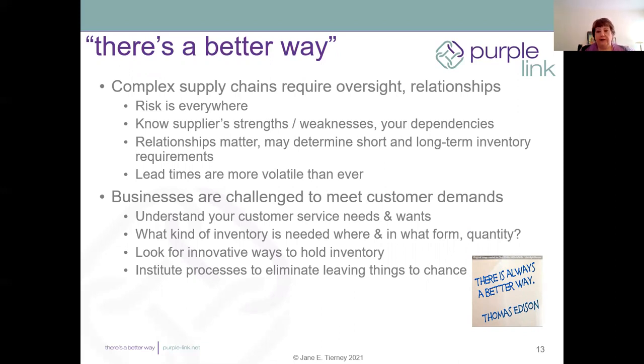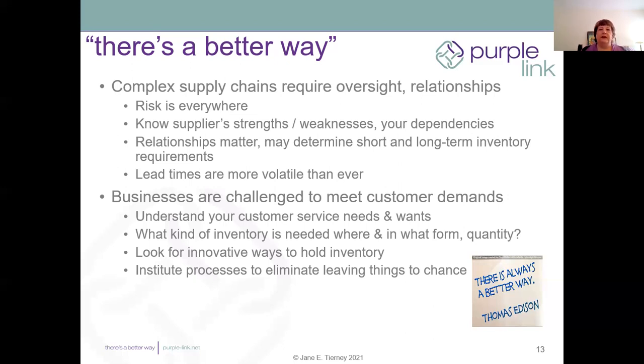Lead times are more volatile than ever, and that's not going away for a while. So businesses are challenged to meet customer demands. You need to understand your customer needs and wants, your business strategies and your business needs and wants, the different kinds of inventories that you need, where they are, what form, what kind of quantities you need to hold those in.